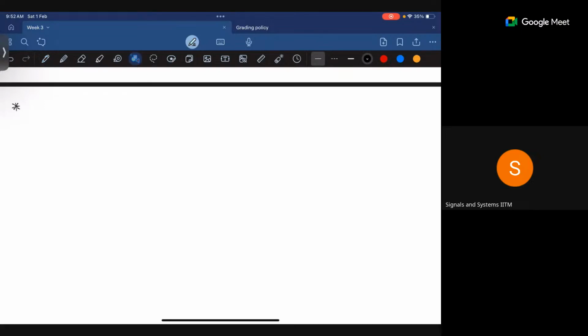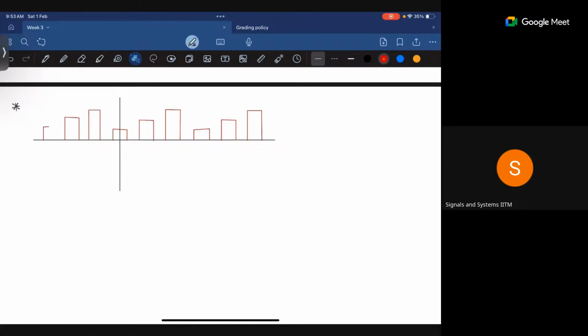So let's take a signal which is periodic. So this will go this way.